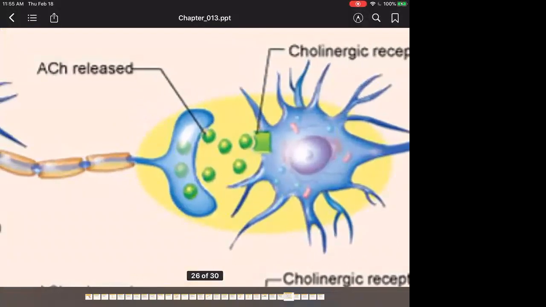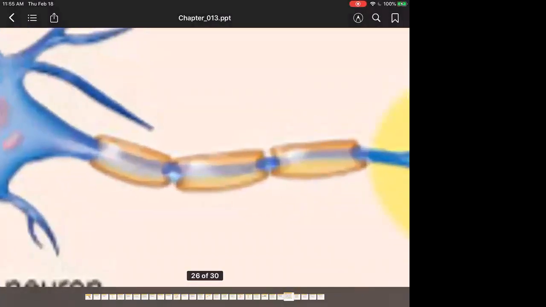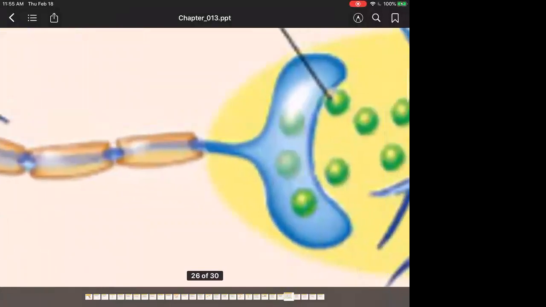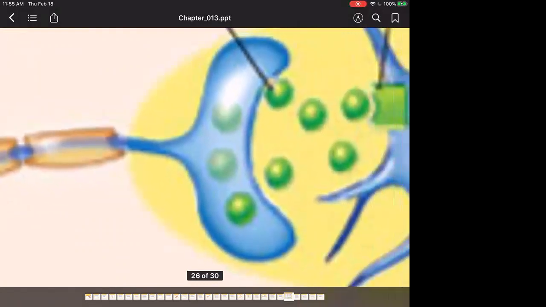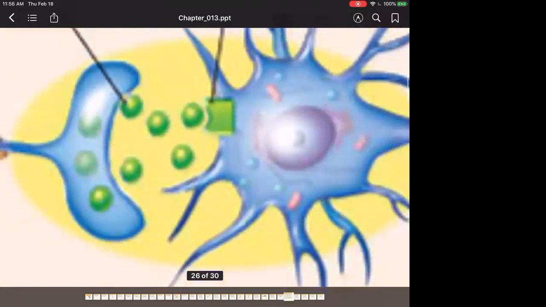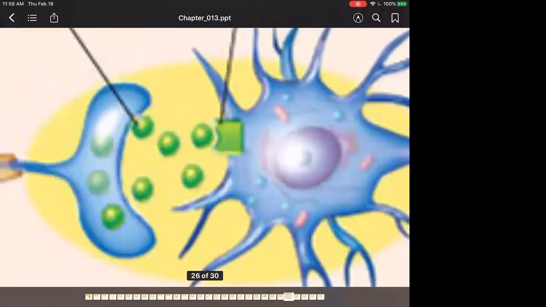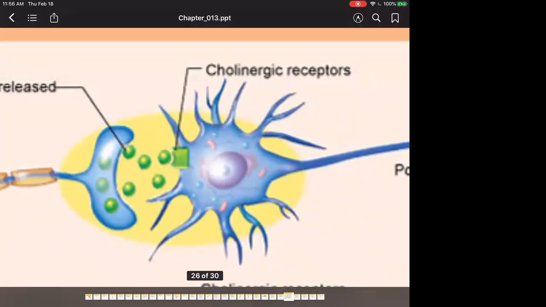But remember, the signal comes down this axon right here in the form of an electrical current. When it gets to the very end, that electrical message has to be changed into a chemical message. So now we have a chemical message that is released. In this case, I think they're using acetylcholine. Yes, acetylcholine, which then crosses that space, that synaptic cleft, and binds to receptors on the next neuron.